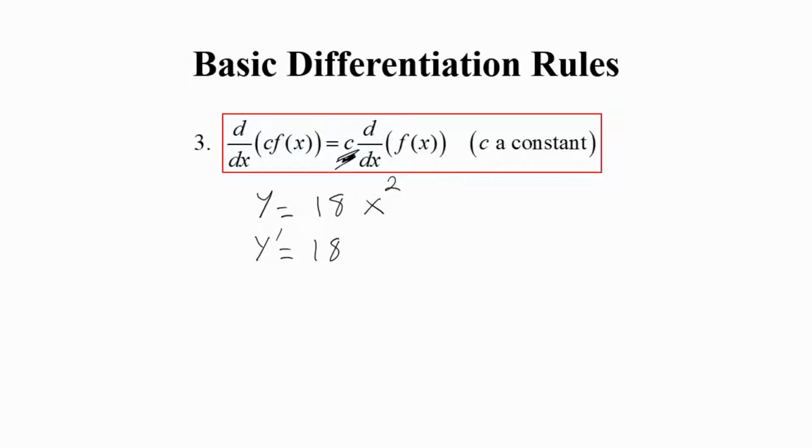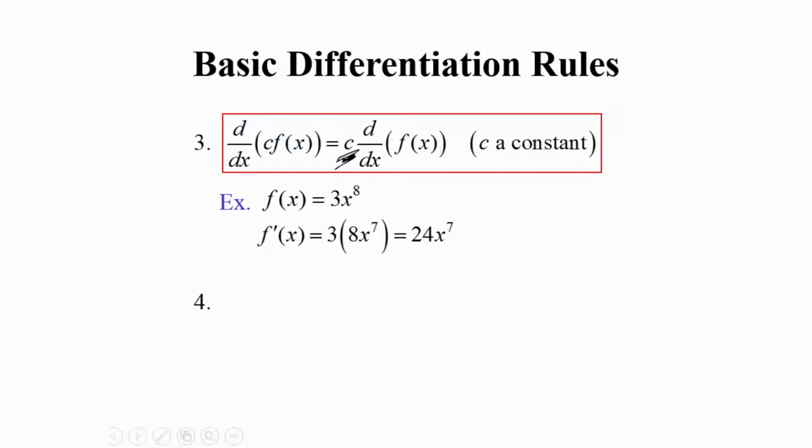Then take the derivative of x to the second using the previous rule. So it would be 2x, subtract 1 from 2 would be 1. So it would be 18 times 2x, which is 36x. That's the derivative of this. Or simply 2 times 18, x, subtract 1 from the power. So 36x is the answer. That's what rule number 3 is saying.